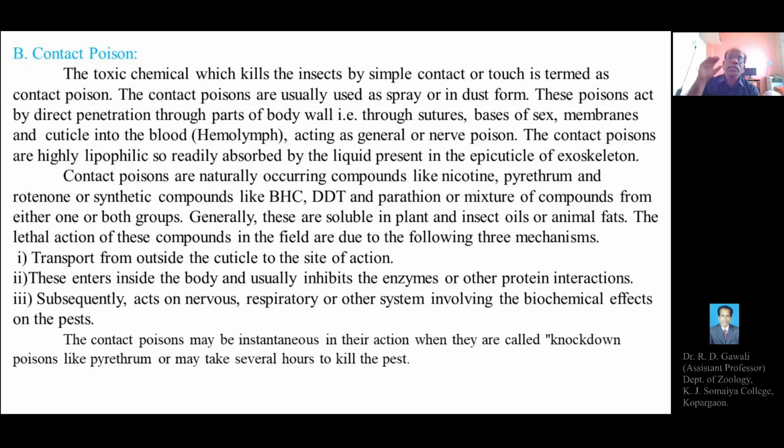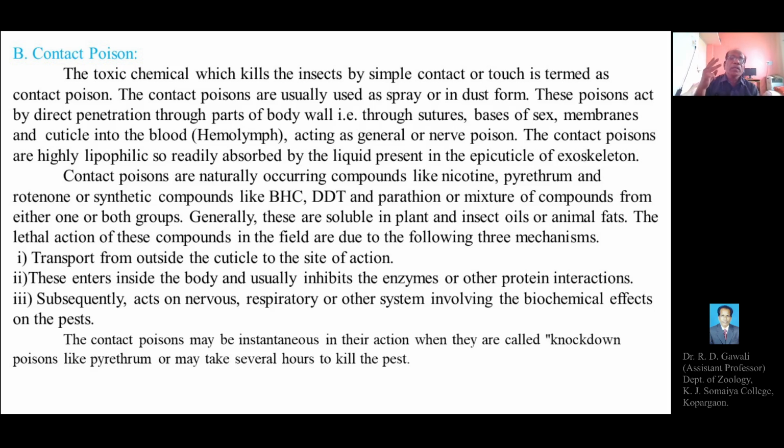When these contact poisons reach inside the body of the insect pest, they can inhibit different enzymes or interact with different proteins. And thirdly, they subsequently act on the nervous system, respiratory system or other systems involved in the biochemical effects on the pest.